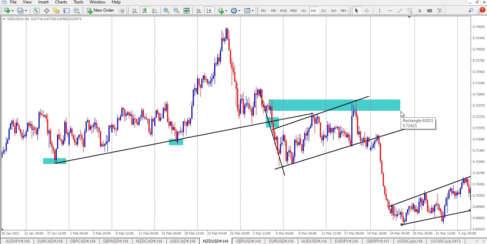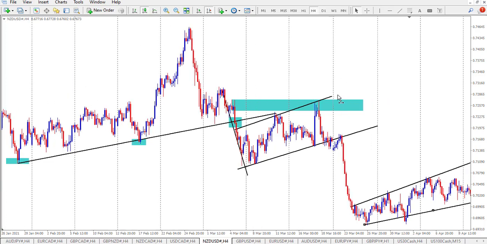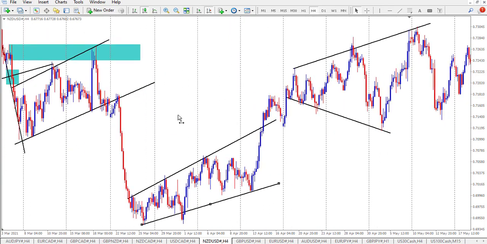If you watch that video, you come here and you understand why we say this is a demand zone. So we are integrating the demand zone, the trend line break, and the pattern. As you can see, we have three confluences in one trade, and you rarely miss such a trade.